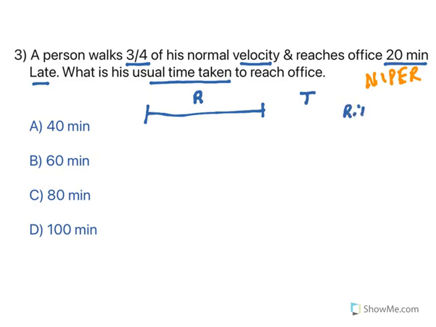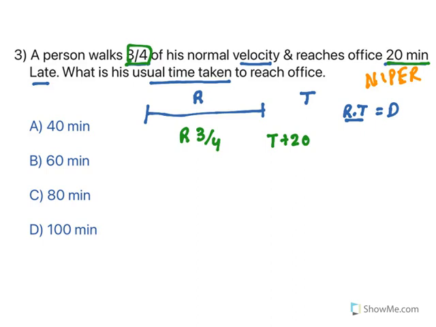So R into T is equal to D. This distance will be covered in R into T. If he walks at 3/4 of his normal velocity, that means R into 3/4. He reaches 20 minutes late means this becomes T plus 20.